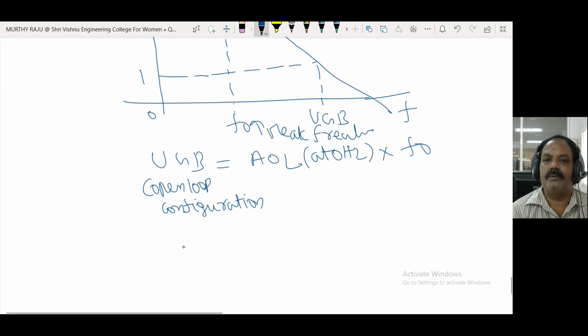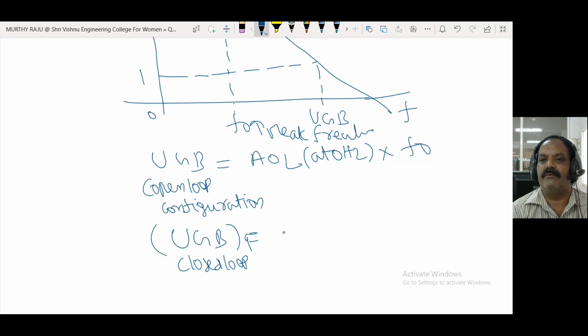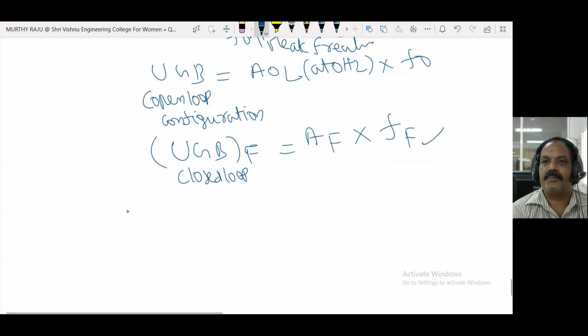In the closed loop, UGB in closed loop, where F means feedback, is AF into FF. This is the bandwidth with negative feedback. These two are equal. So AOL F naught is equal to AF into FF.